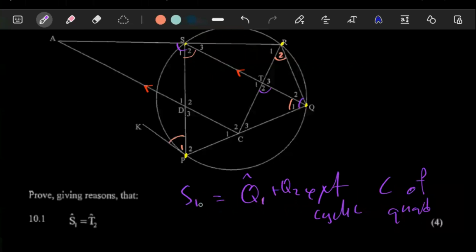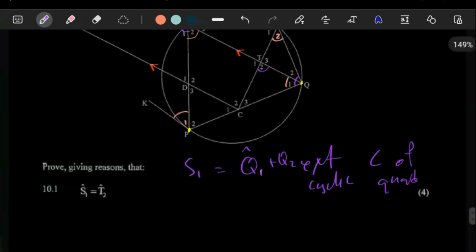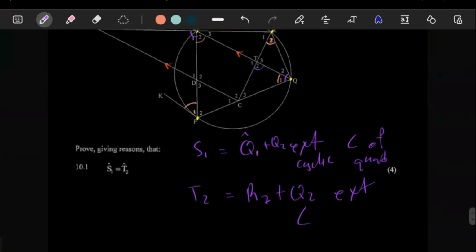With S1, we said it is equal to Q1 plus Q2. And with T2, what we do know is, since it's an exterior angle of R2 and Q2, and R2 is equal to Q1, let's go that route. So T2 is equal to R2 plus Q2. The reason is exterior angle of a triangle.